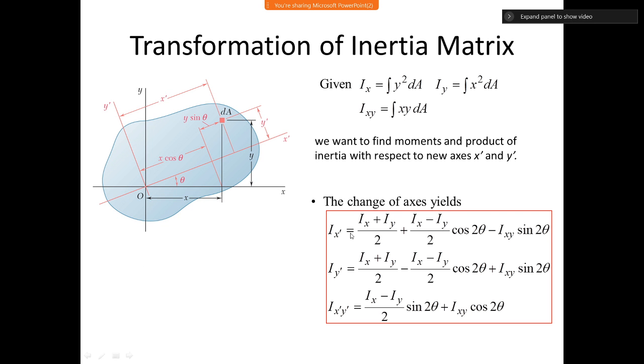Right, so Ix prime is equal to (Ix plus Iy)/2 plus (Ix minus Iy)/2 times cos 2 theta. On the physical geometry, if I rotate the axis by theta, then here it becomes 2 theta. So it is cos 2 theta minus Ixy sin 2 theta. Similarly, Iy prime is given by this expression, and Ix prime y prime is given by this expression here.